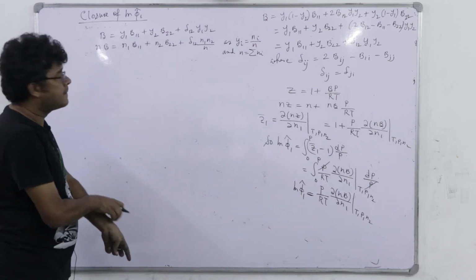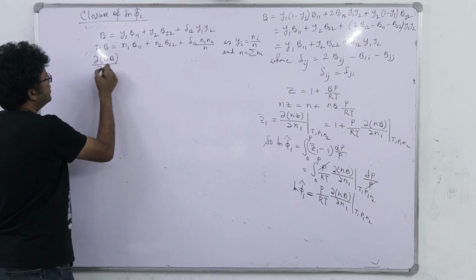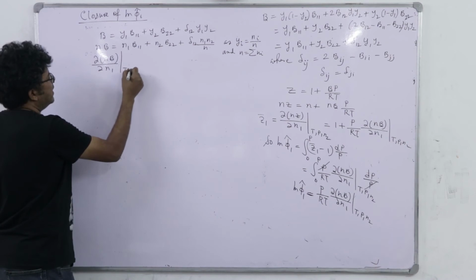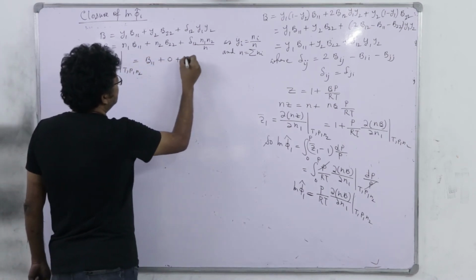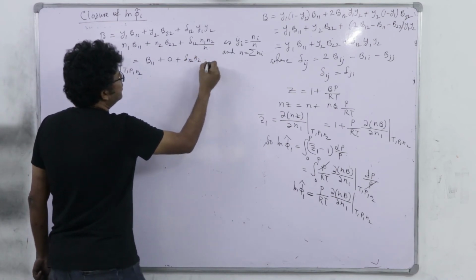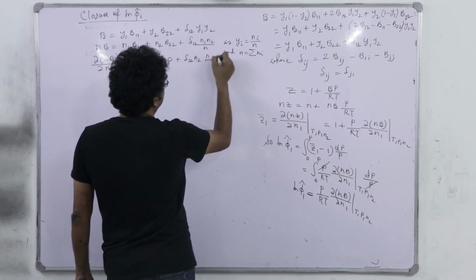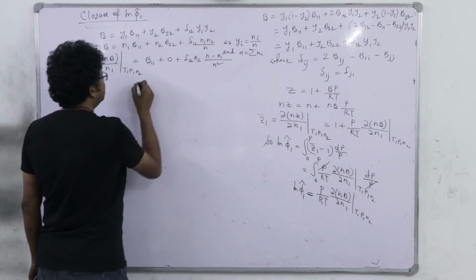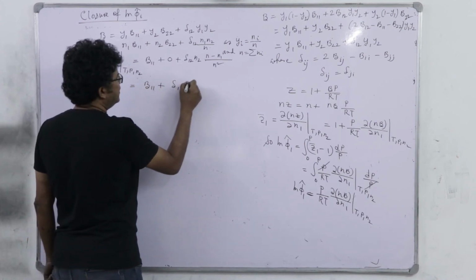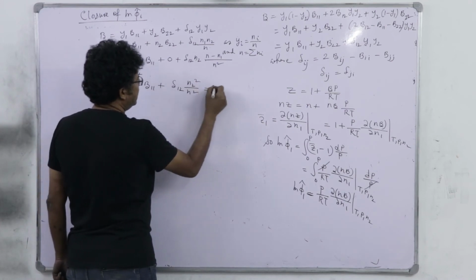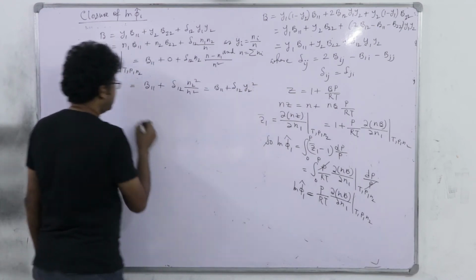So, if I take the derivative of NB with respect to N1 at T, P, N2, it is B11, this is 0, and delta 12 N2 over N square times (N minus N1). So, this is B11 plus delta 12 N2 square by N square, that is B11 plus delta 12 y2 square.